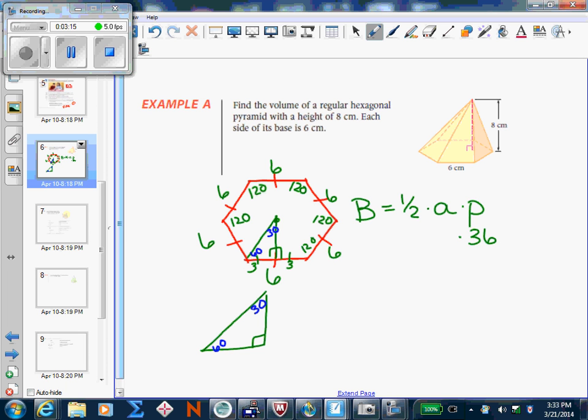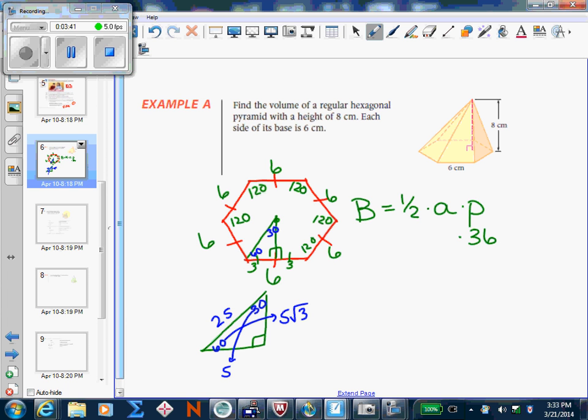And we learned in chapter 9, if you want to refer back to your notes, that 30, 60, 90 is a special right triangle. We learned that the side across from the 30 is the short side. The side across from the 60 is the short side times square root of 3, and the hypotenuse is 2 times the short side.